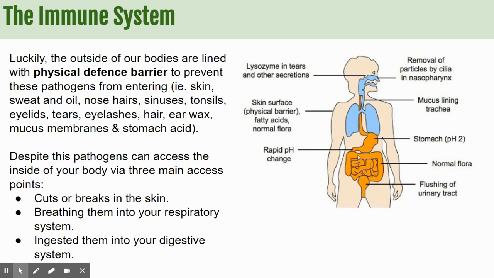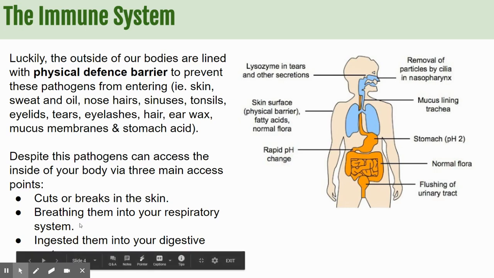So any other kind of bacteria that wants to make itself home has to outcompete, and that's hard to do. So there's a lot of different barriers that keep pathogens out. But despite all this, they can still get into our bodies. There are three main access points: cuts or breaks in the skin, breathing them in your respiratory system, or ingesting them in your digestive system.